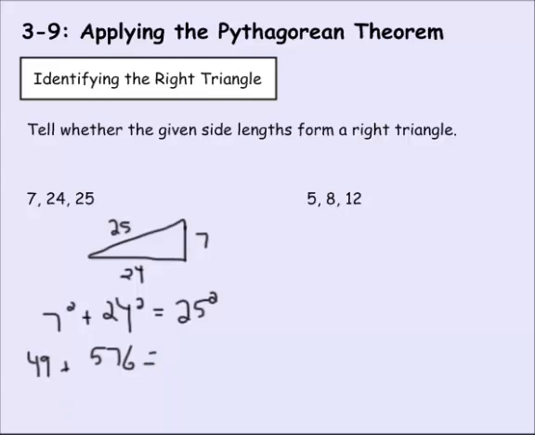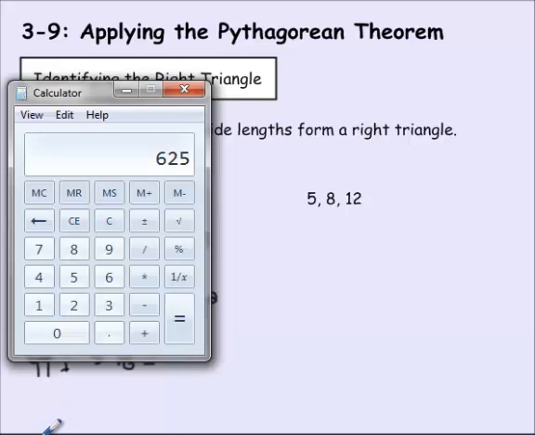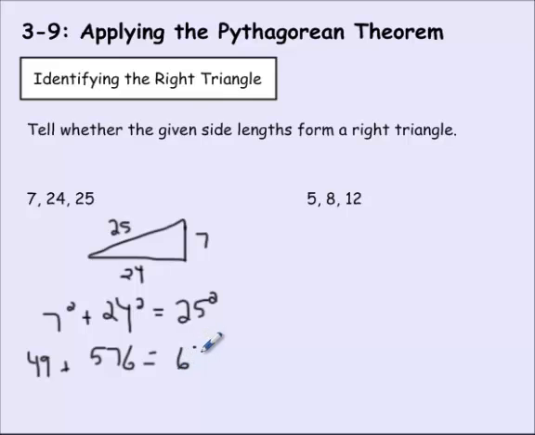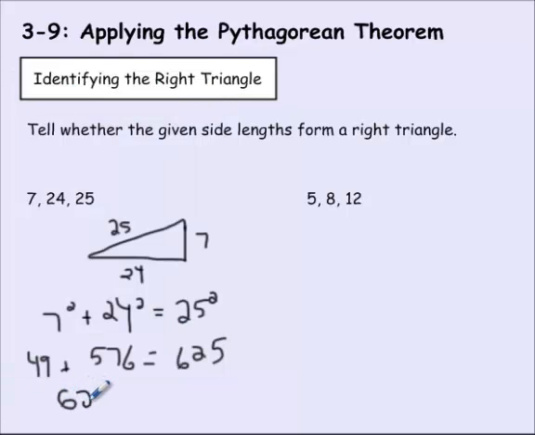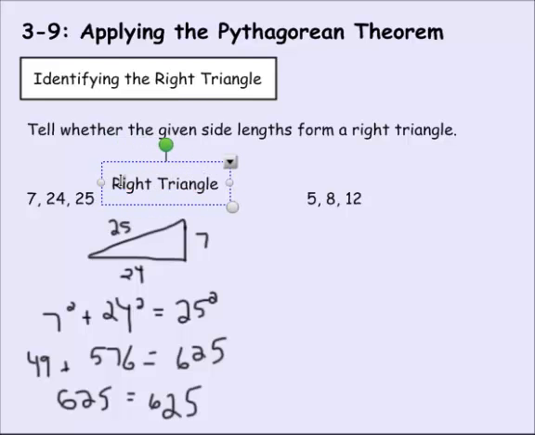And then what is 25 squared? That's 625. So 576 plus 49, that's 625. So you're going to see here that we have 625 equals 625. So therefore, a squared plus b squared does equal c squared. So this is, yes, a right triangle.